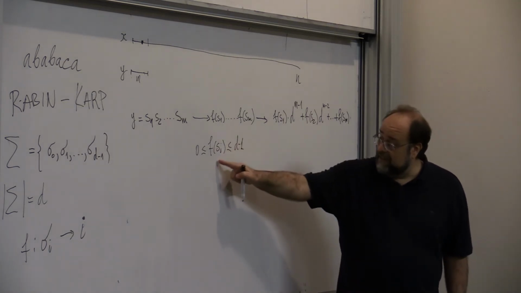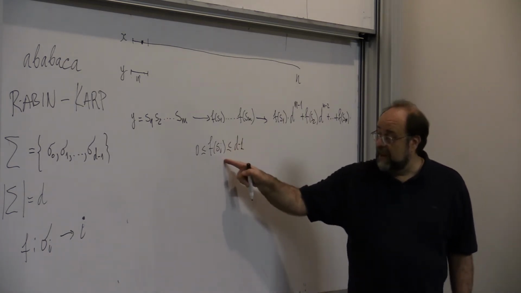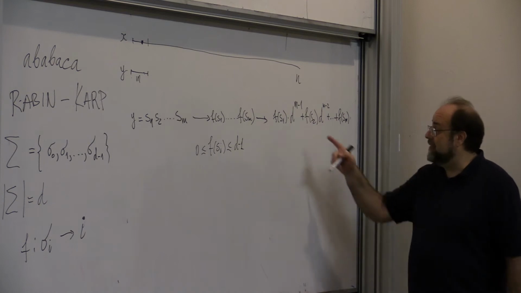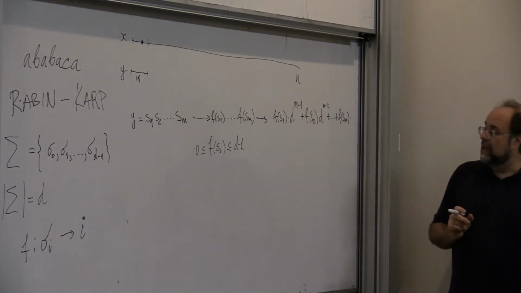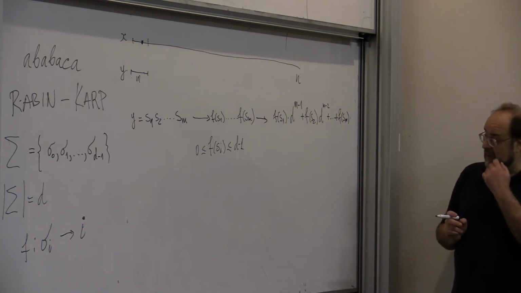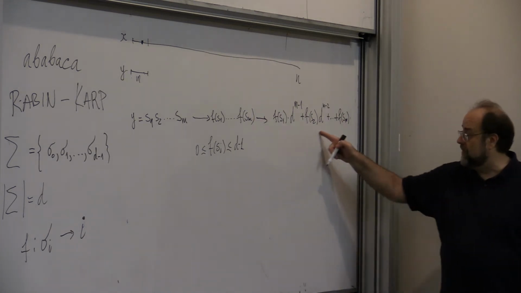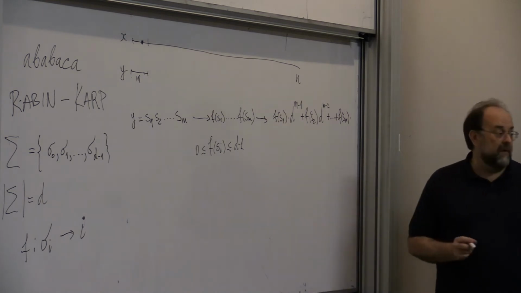So each of these can be seen as a digit in base d. So this mapping would produce a single number, right?